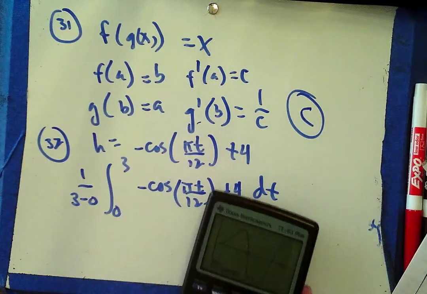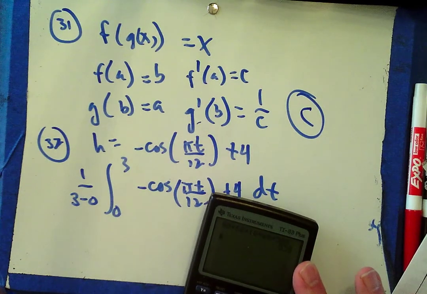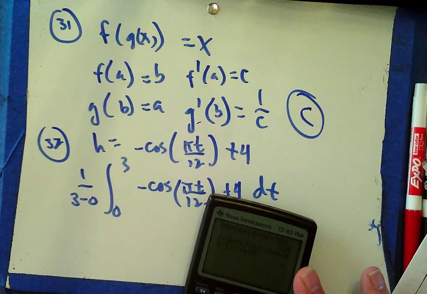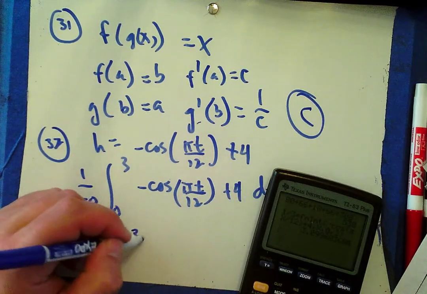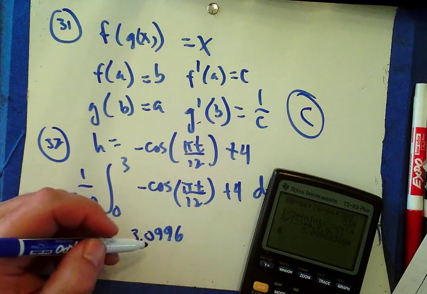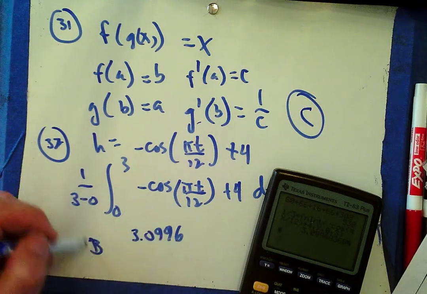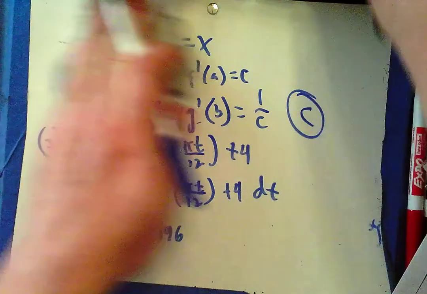Okay, so I'll pull out my calculator and I'll do 1/3 times the integral of negative cosine pi x divided by 12 plus 4, comma x, comma 0, comma 3. And I end up with 3.0996, which is choice B. B for number 32.